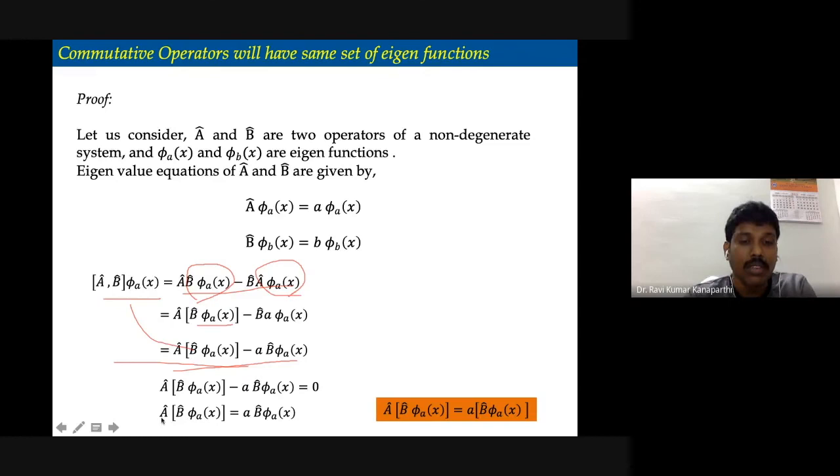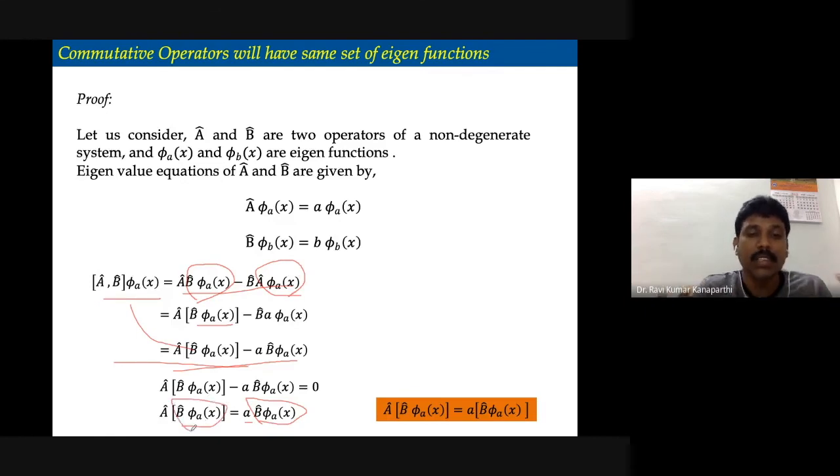When A is operating upon a wave function, what is the wave function in this case? B phi A of x is my function. So you can see here that on the right hand side, we are getting an eigenvalue a, and then the function back.